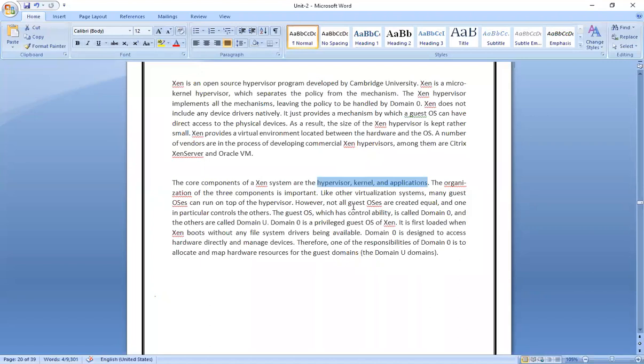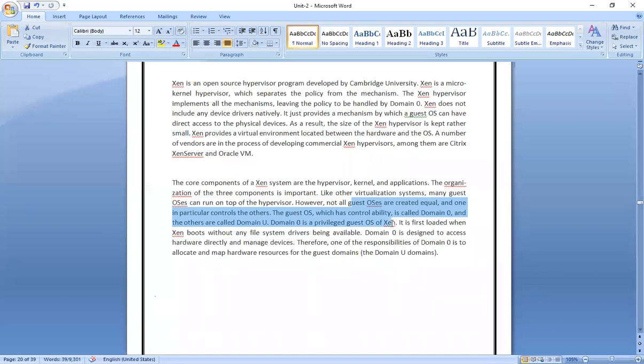However, not all guest operating systems are created equal, and one in particular controls the others. The guest operating system which has control ability is called domain 0, and the others are called domain U. Domain 0 is the privileged guest operating system of Xen.